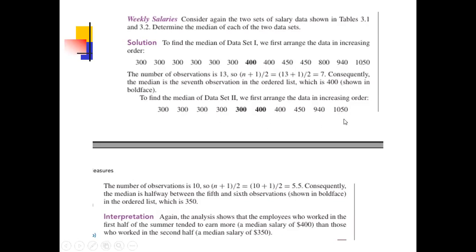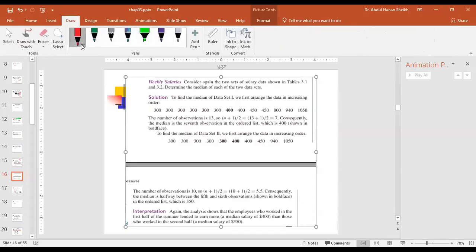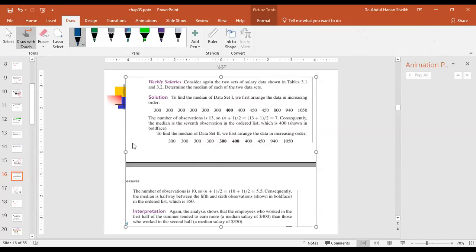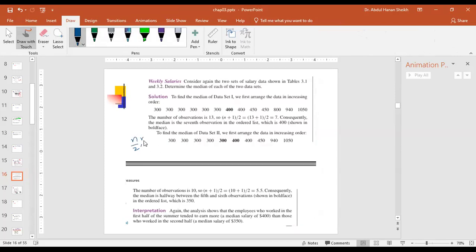Now the second example has 10 values. Out of these 10 values, how can we compute the median? The two middle values will start from n by 2 and (n plus 2) by 2. If you allow me to write it, it will be like this, for what you asked, how exactly we compute it. So this will be the formula: n by 2 and (n plus 2) by 2.